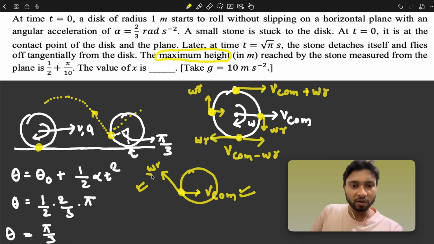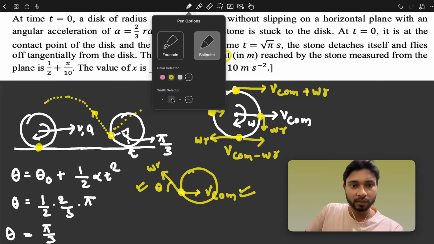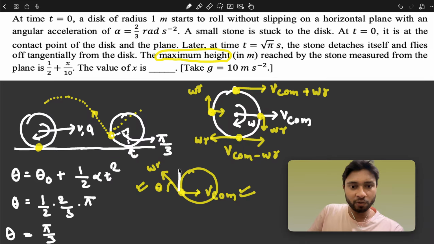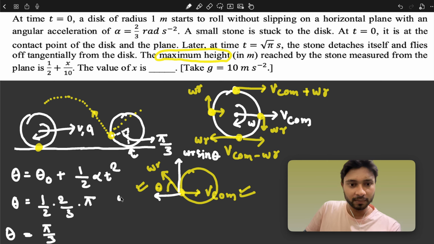The velocity omega r will have a role in calculating the vertical distance, and suppose this angle is theta, omega r sine theta will be the vertical component. This omega r will have two components, one is omega r sine theta and one is omega r cos theta. So omega r sine theta will have a role in the calculation of the vertical height.